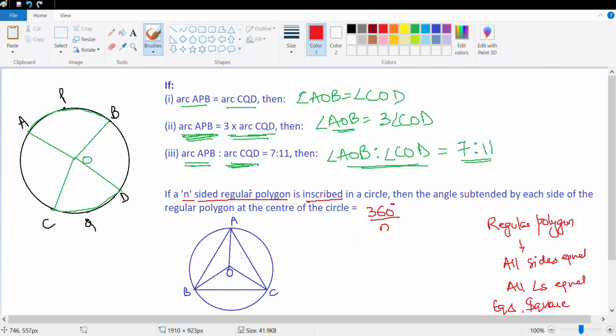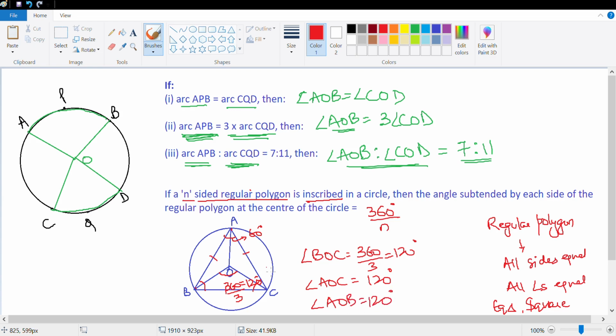In this case, if AB, AC and BC are equal, and the vertex angles are equal to 60 degrees, then the angle they subtend at the center is 360 upon n. N in this case is 3, which means this is 120 degrees. So angle BOC is equal to 360 upon 3, which is 120 degrees. Angle AOC is also 120 degrees and angle AOB is also 120 degrees. Good, this is something that we'll use a lot in this exercise.